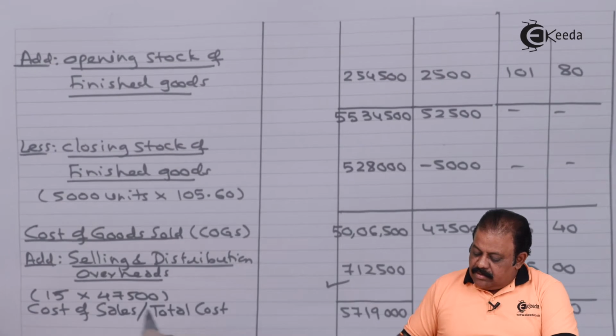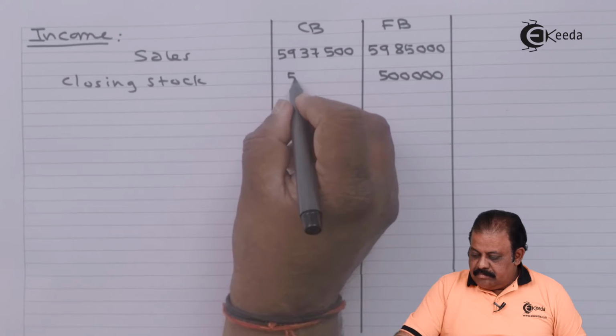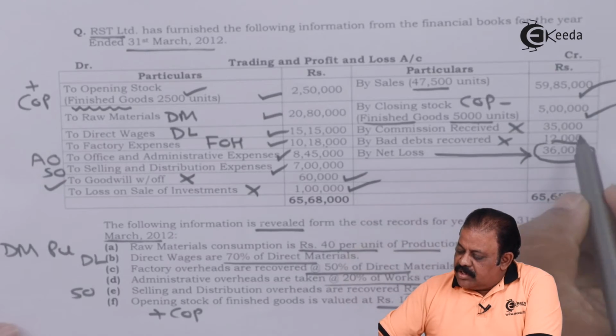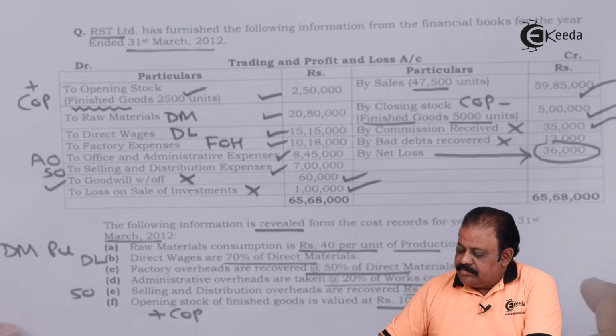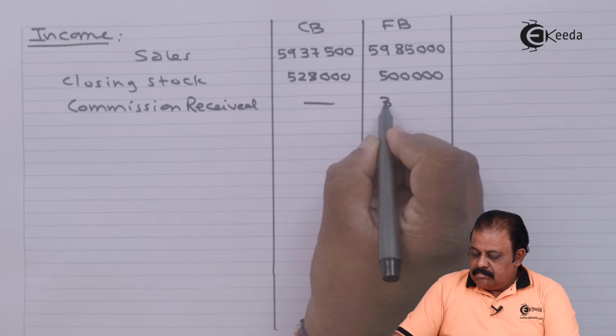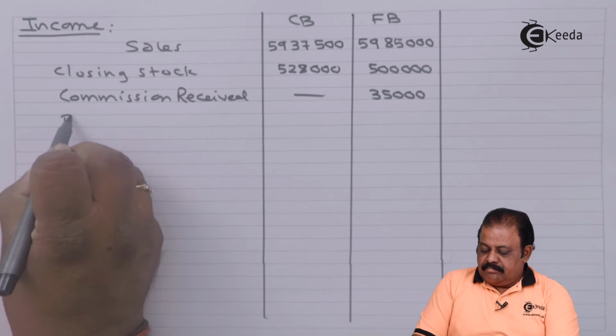As per cost sheet, closing stock valued at 5,28,000. Commission received 35,000. Bad debts recovered 12,000.